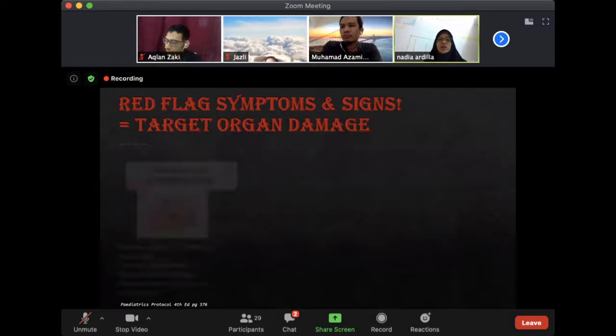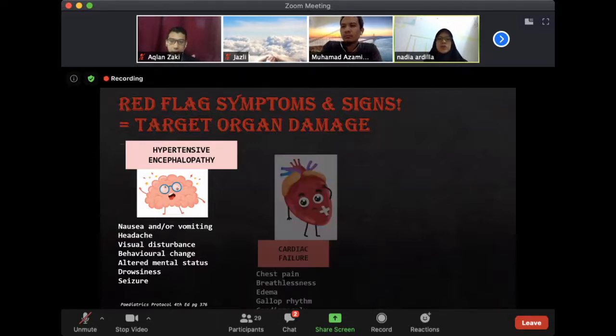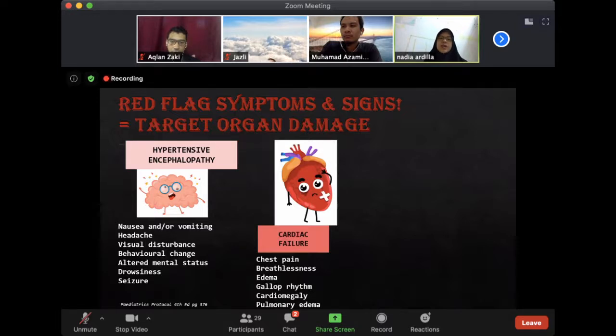For example, they can have hypertensive encephalopathy if they came with nausea or vomiting, headache, visual disturbance, behavioral changes, altered mental status, as well as drowsiness or seizure. Watch out also for any cardiac failure such as chest pain, breathlessness, edema, gallop rhythm, cardiomegaly, as well as pulmonary edema.